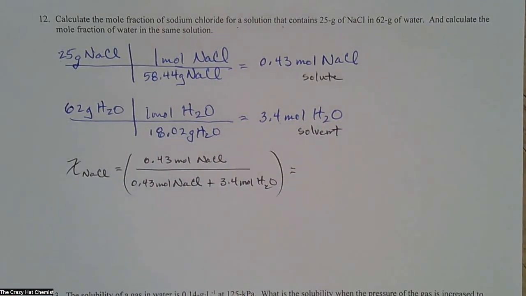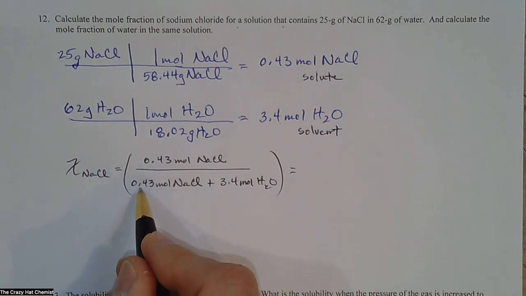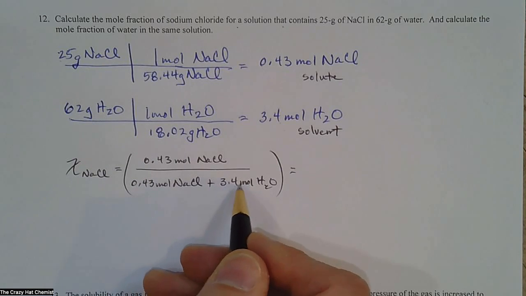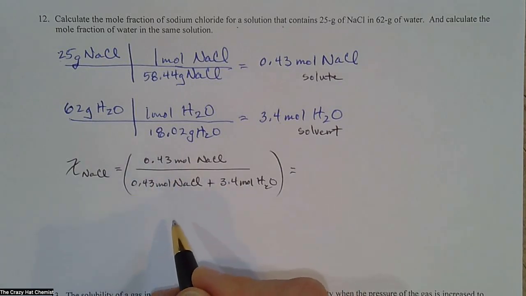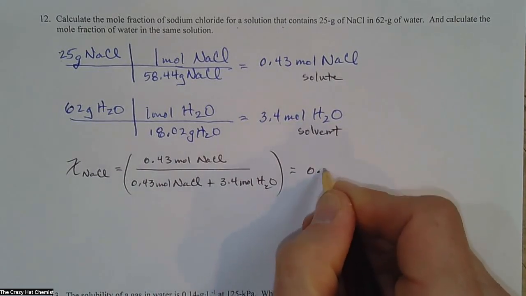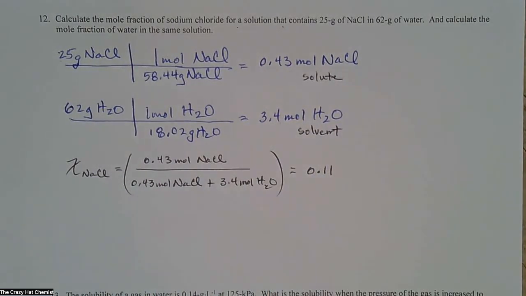That is going to equal a number from our calculator: 0.43 divided by 0.43 plus 3.4. Make sure that you're not dividing just by the 0.43. Okay, and that will equal 0.11, and that's the mole fraction. There are no units to that, the moles cancel out.